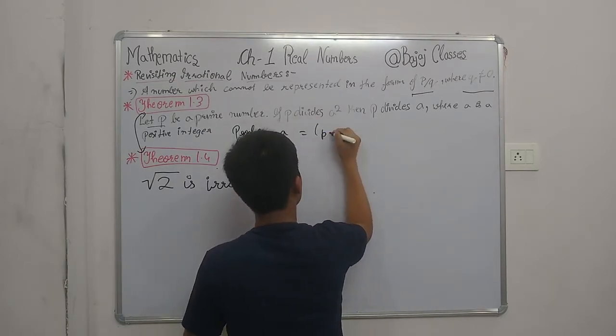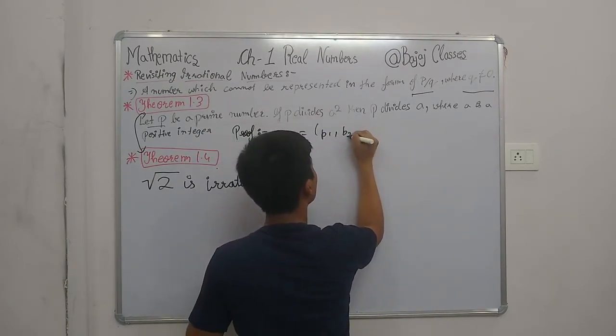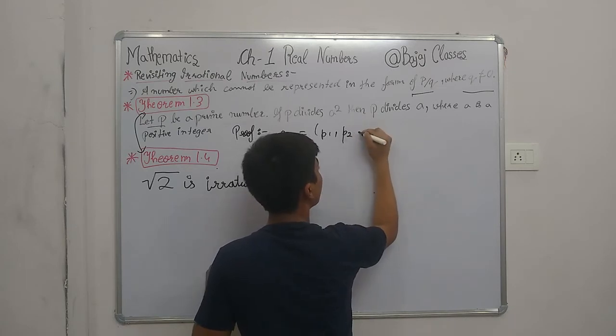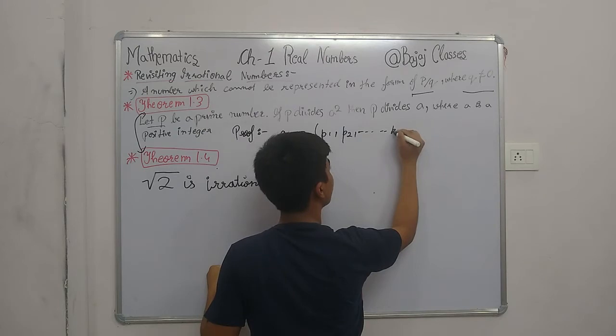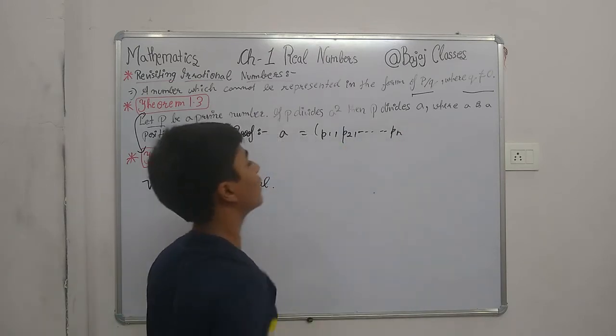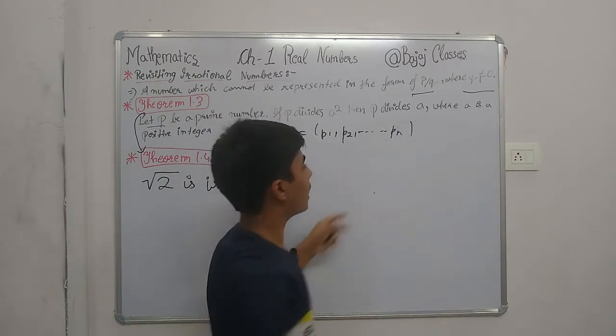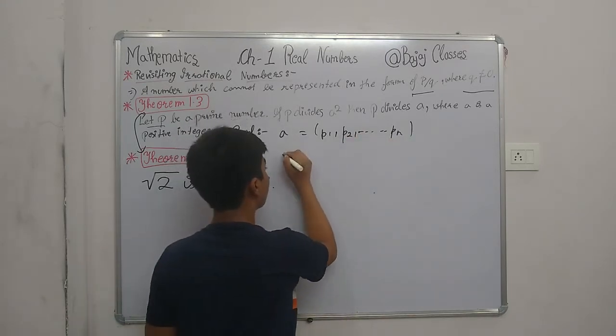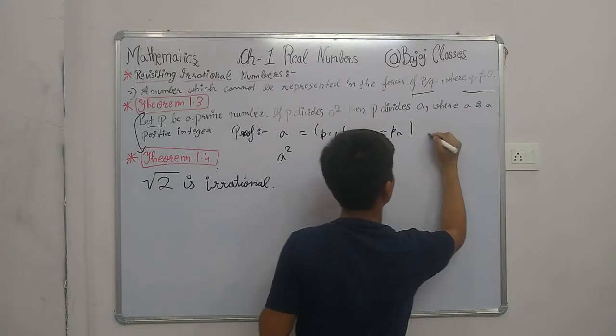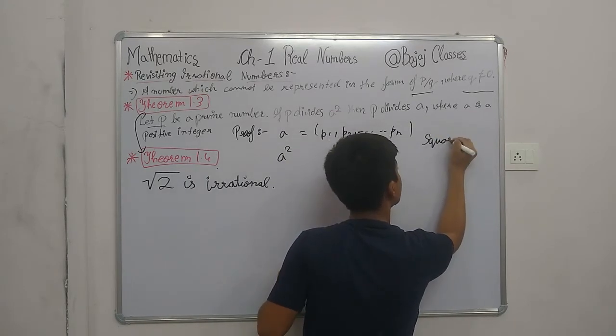That is p1, p2, up to pn. So we take the number of factors of a as pn. Now with p1, p2, pn, we will do a squaring of this, squaring a.